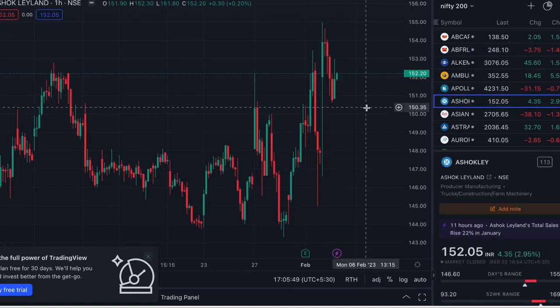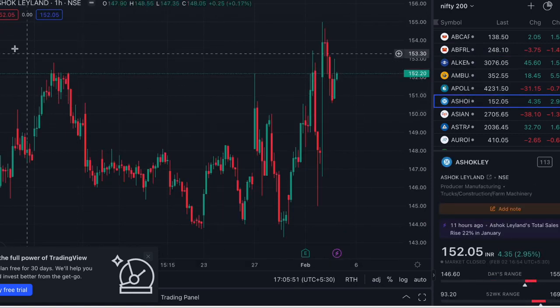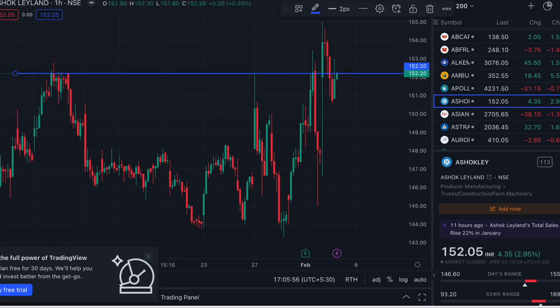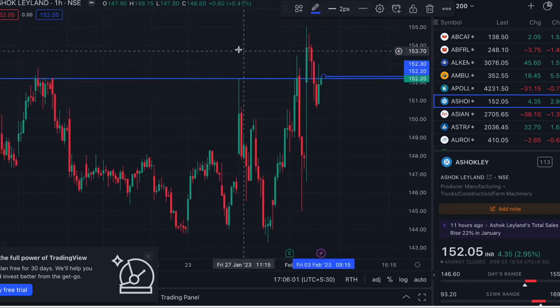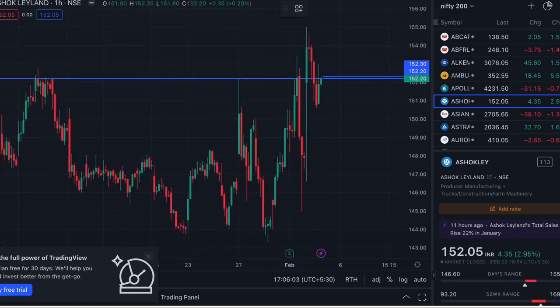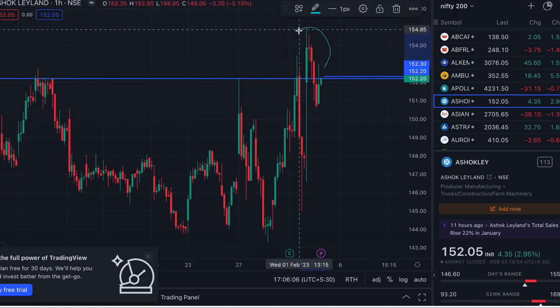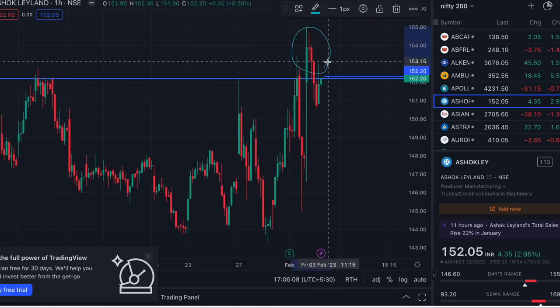That is Ashok Leyland. Here, if you can see, this was the recent high, and today the price has moved up and crossed this level. Condition number one, it has crossed the recent high.